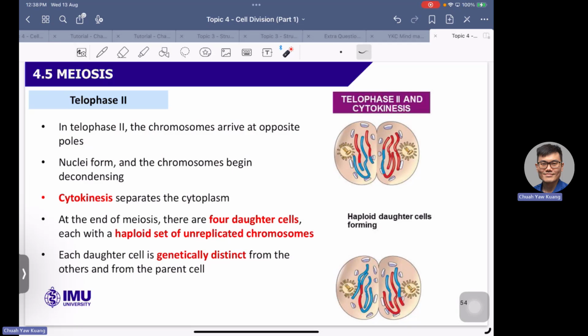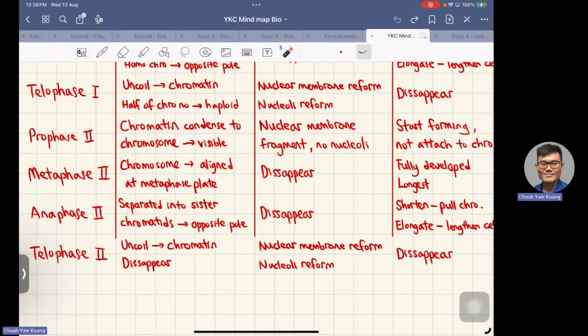In the table, you can see that everything is the same as mitosis. But what I highlighted just now is the number of chromosomes in metaphase 2 and prophase 2; that's the first thing that differentiates it from mitosis. The second thing is anaphase 2, where the sister chromatids are different, whereas in mitosis they are totally identical.